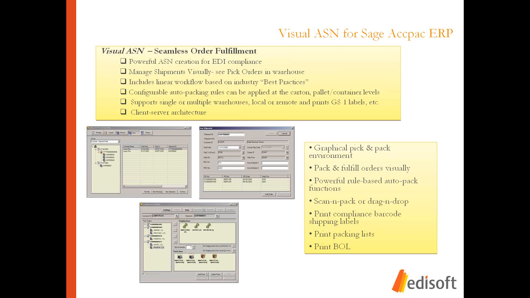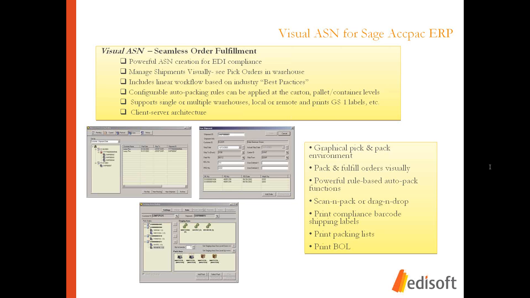Now I will provide additional details about Visual ASN. It includes powerful ASN creation for EDI compliance. You can manage your shipments visually, as represented by the user interface shown in the slide. It includes a linear workflow based on industry best practices. By customer, there are stages where you go through automated picking, packing, and shipment.